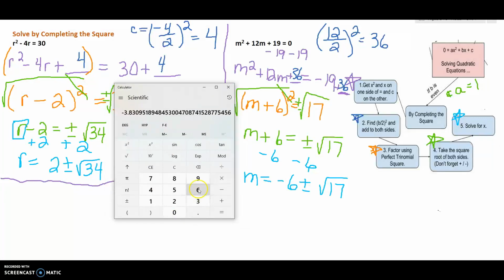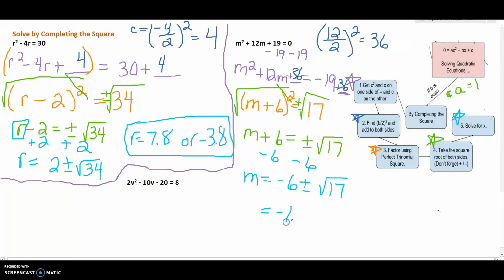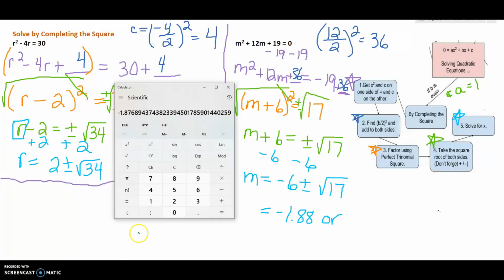And I can do negative 6 plus the square root of 17 equals negative 1.88 rounded, or, and then I'm going to go ahead and do negative 6 minus the square root of 17, and that's going to give me negative 10.12.